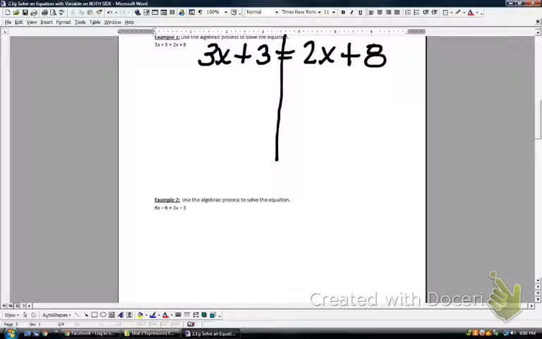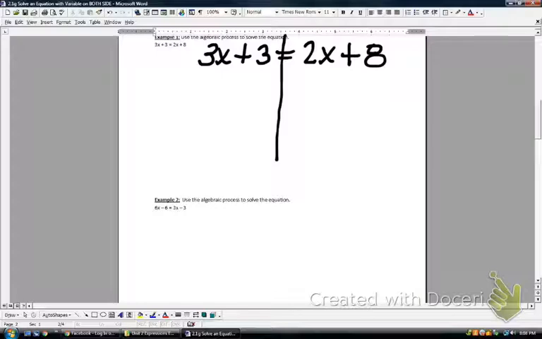Remember, the object of algebra is to get the x's by itself and to see what x needs to be to make everything balanced and equal. So I'm going to remove the x's from my sister's side, and that's a plus 2x or a positive 2x.